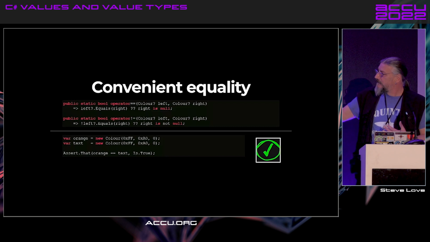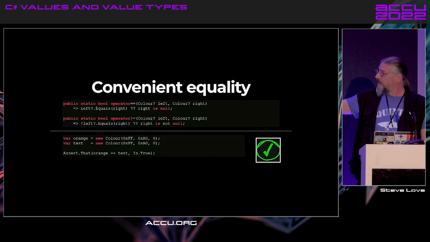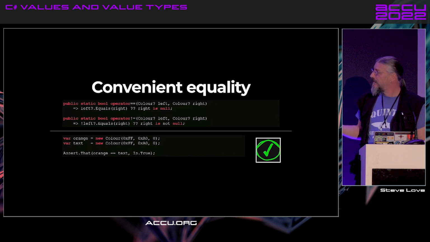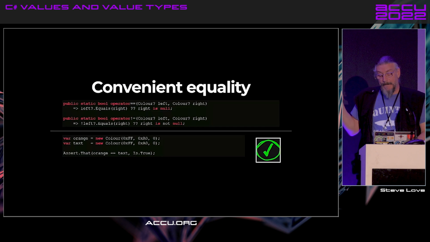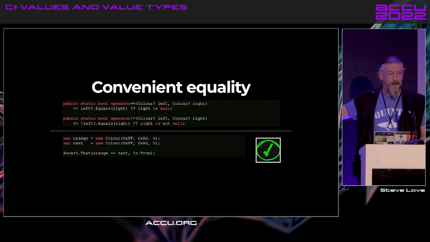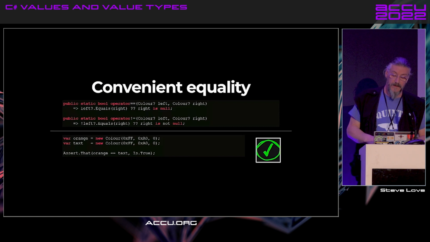And in the test at the bottom, we assert also that we've got two color objects with the same state, and we assert that they're equal with equals equals, and they are, and all's good. Structs, the implementations up to this point are almost identical except for the checks for null, because struct instances cannot be null.